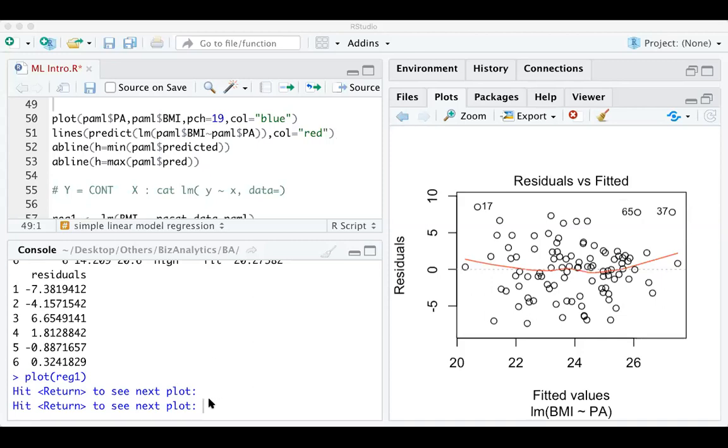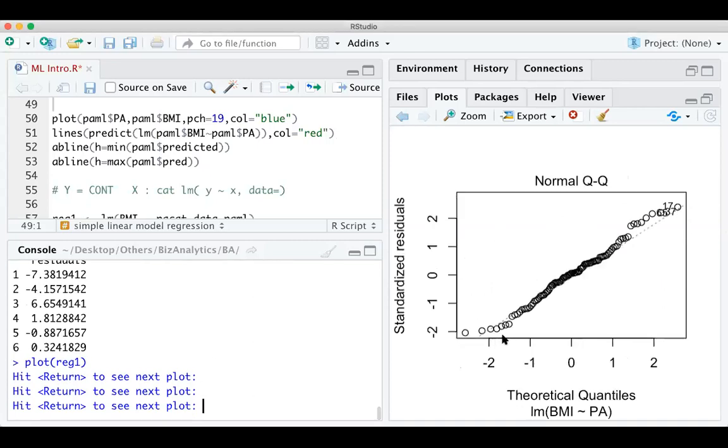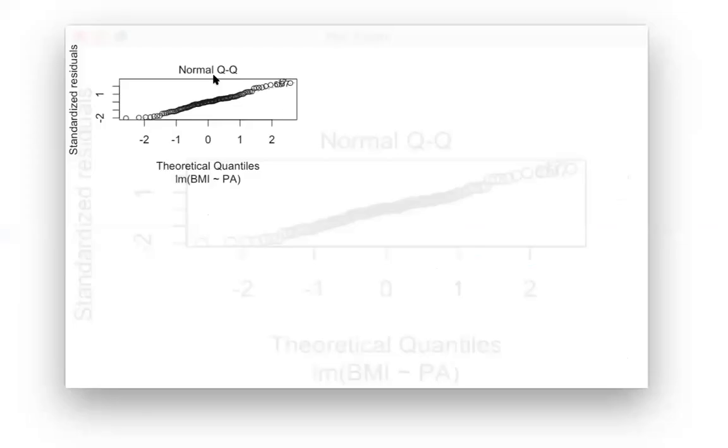Okay, now what's the second plot? You can go here again, enter. So we got a second plot. What does the second plot speak about? Okay, so you can see this is the second plot. There is a disturbance here.